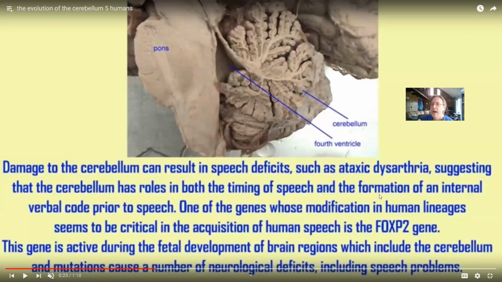In fact, here's just an example. There's a mutation in a gene, called the FOXP2 gene, which results in speech deficits. And where it's active includes the cerebellum. This gene changed since our split from the chimp lineage.